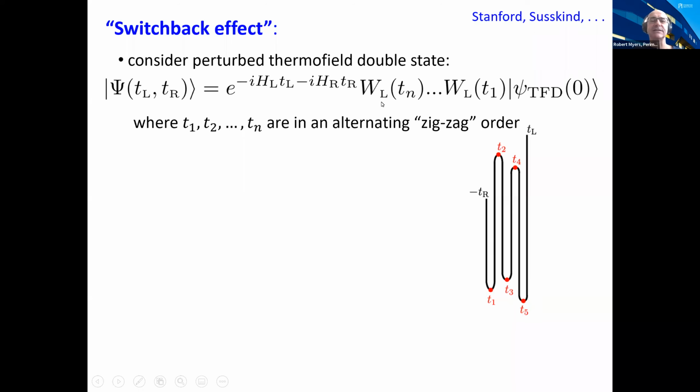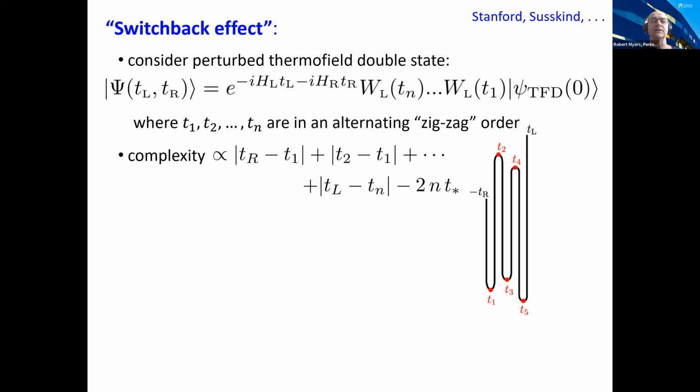Now, the interesting thing is that for each one of these periods of evolution, what we argued before is that the complexity should be growing. And so the total complexity should start to look like the sum of all of these intervals in between the operators. But what they argued, and I'll describe in a moment, is that there's actually a small shift here: every time I do a fold, or a zigzag, there's a small amount of reduction.